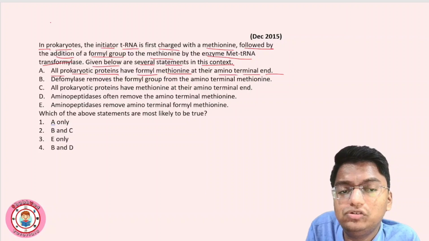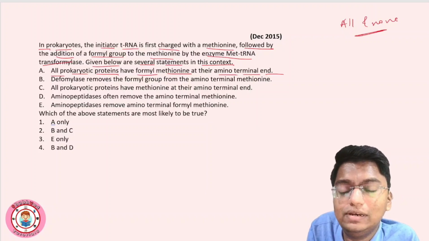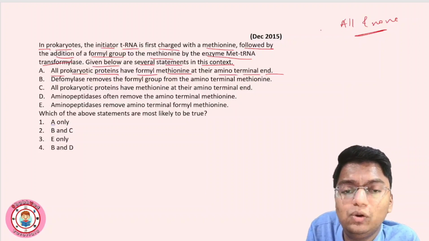In this question, I will tell you, the all and none phenomenon mostly does not happen in science, right? So all prokaryotic proteins having formylated methionine at the amino terminus is not a compulsion, right? So this will be an incorrect statement.